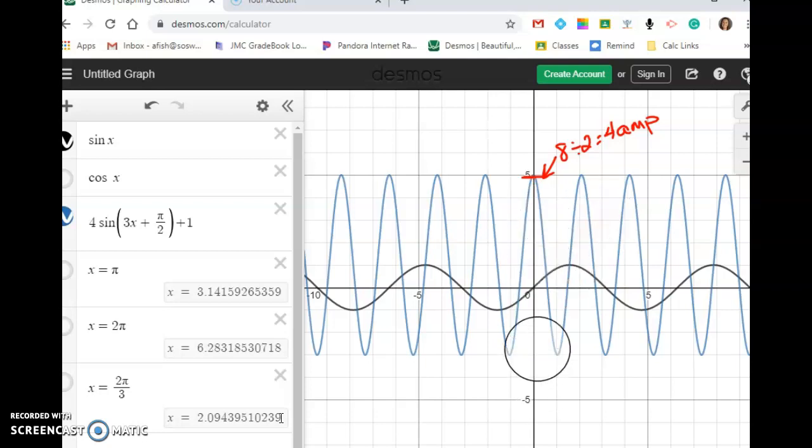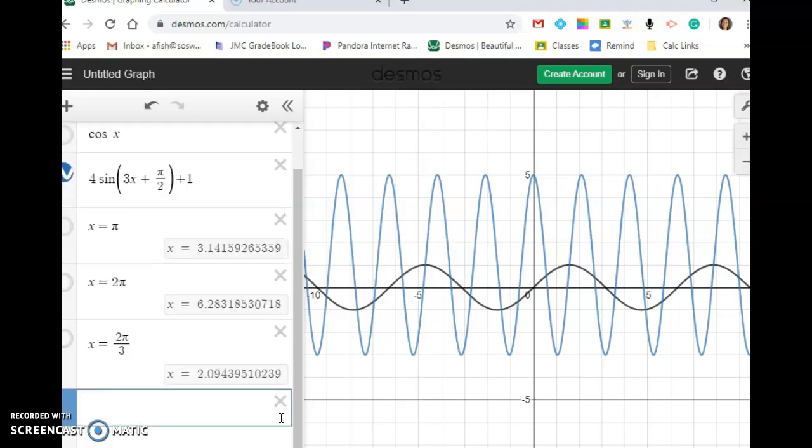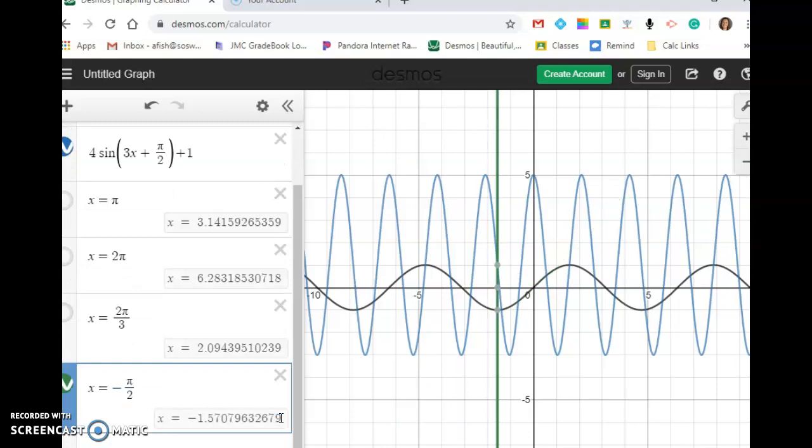Sorry, just going to erase this so you guys can see the full picture here. Looking at this, we're going to be shifting over that pi over 2, which, oh, come on, fish. Didn't put it on here. So let's see. X equals negative pi divided by 2. We'll graph that vertical line there so you guys can see what happens.